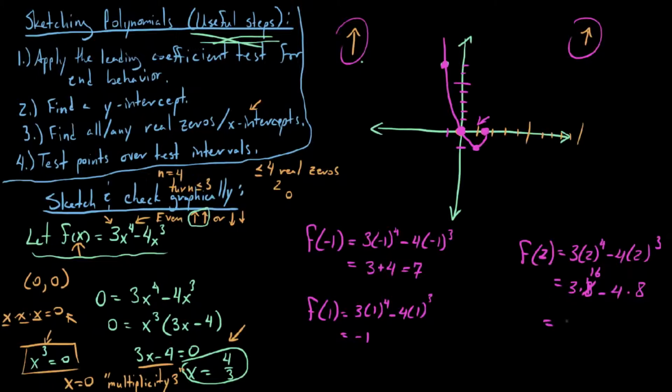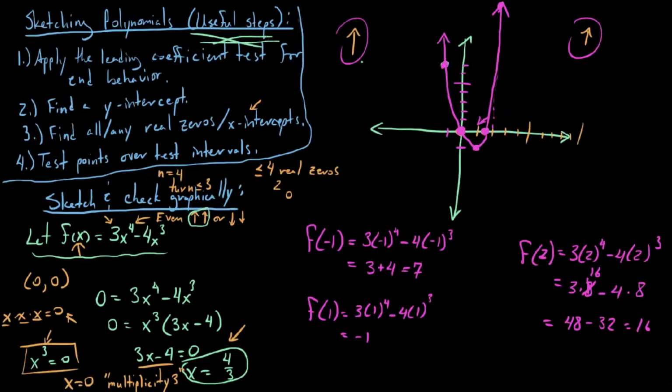So we end up with 3 times 16 is 48. Minus 4 times 8 is 32, leaves us a difference of 16. So really not even on my graph. It just gives me a good indication that this is clear up here at the North Pole somewhere. But basically, this sucker takes off. I'm just exaggerating there. But this gives us a good sketch of this.